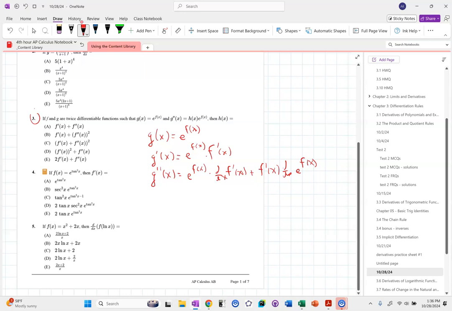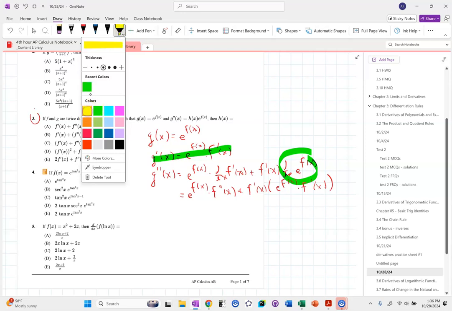So far, so good. What's the derivative of f prime of x? F double prime of x. And the derivative of e to the f of x, we already did, it's right there. So I'll just drop that in there. So far, so good.